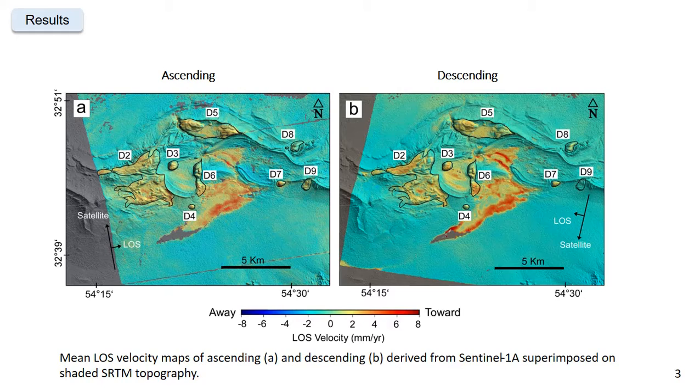The considerable similarity in terms of magnitude, direction, and location of the deformation is seen in the ascending and descending results. The same areas in terms of displacement in both geometries can suggest that the deformation is mostly vertical in this basin. Uplift areas coincide very well with the location of salt structures and rivers according to the simplified geological map.